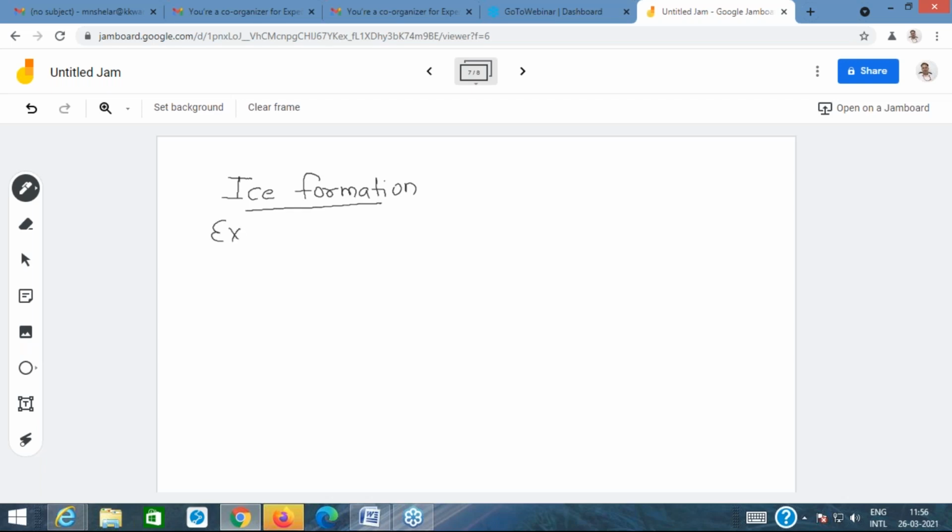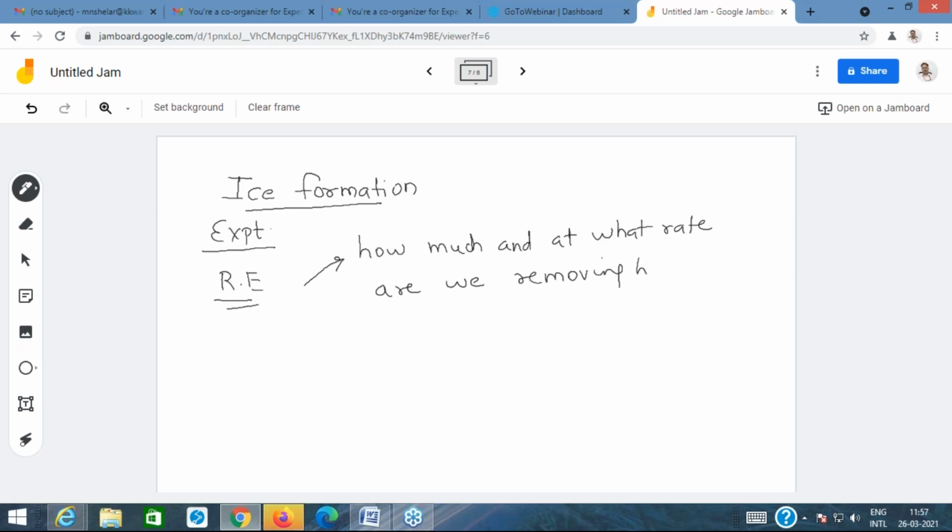So for that, we need to understand what we are calculating: how much, and at what rate, are we removing the heat from water and converting it to ice. So how is that calculated?